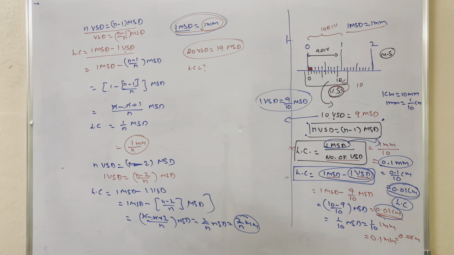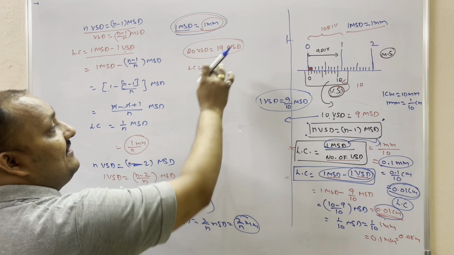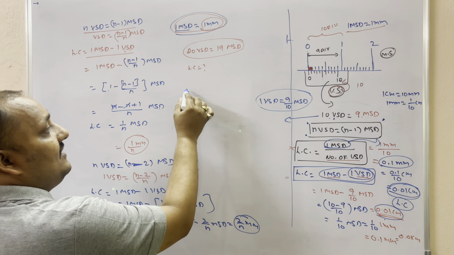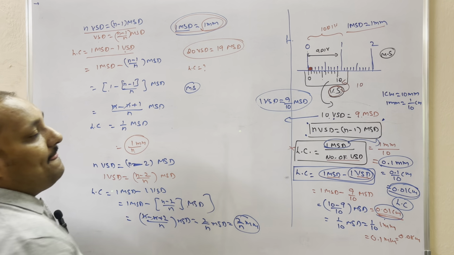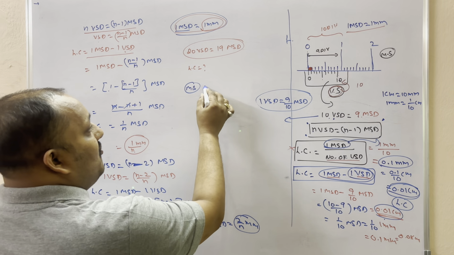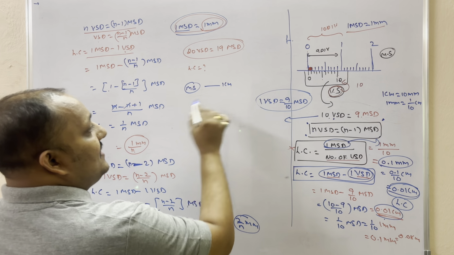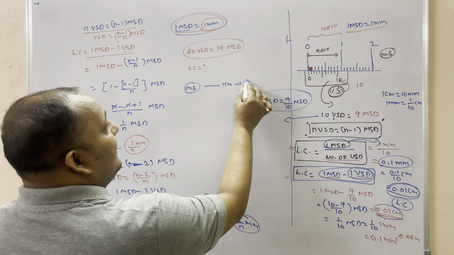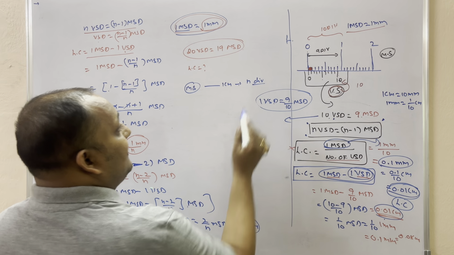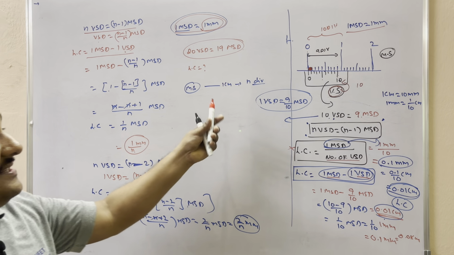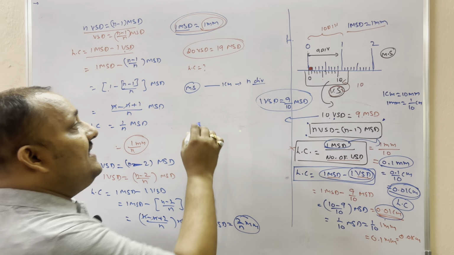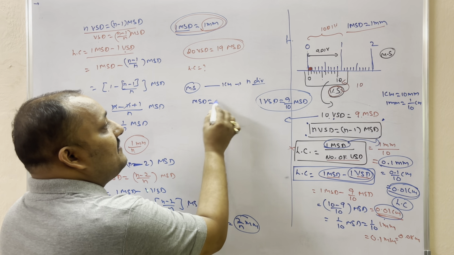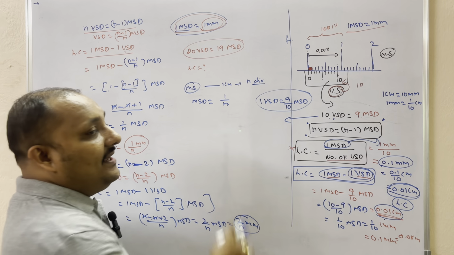If they don't give each MSD value, they will give information in such a way that on the main scale 1 centimeter is having n divisions. If 1 centimeter is having n divisions, what is each MSD? Each MSD is nothing but 1 by n.